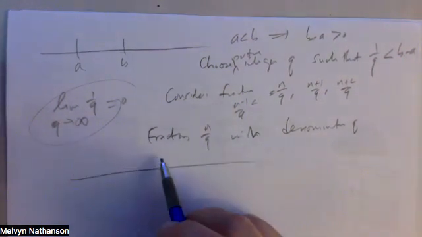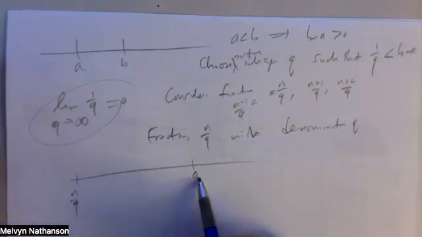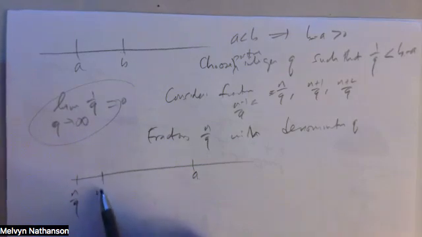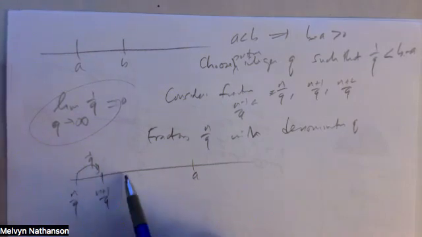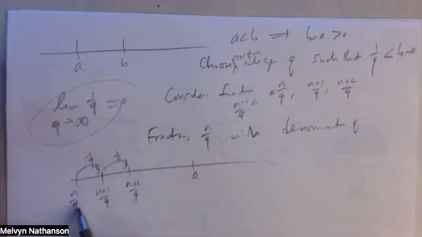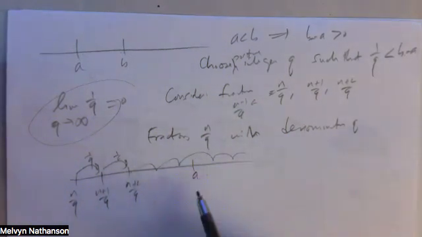So here on the number line, you might have some n over q less than a, and then n plus 1 over q. This is bigger. How much bigger? It's bigger by 1 over q. And then n plus 2 over q. This is again bigger by 1 over q. If you look at the sequence of fractions n over q, they're getting bigger and bigger. So at some point, you're going to get past a.